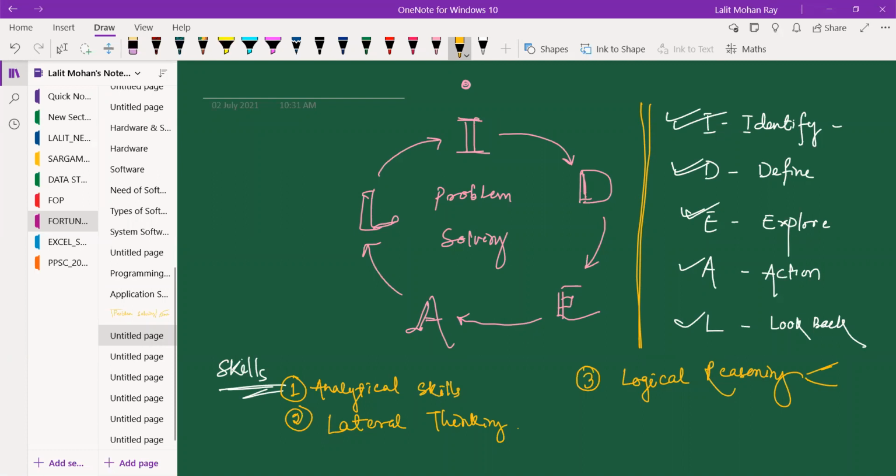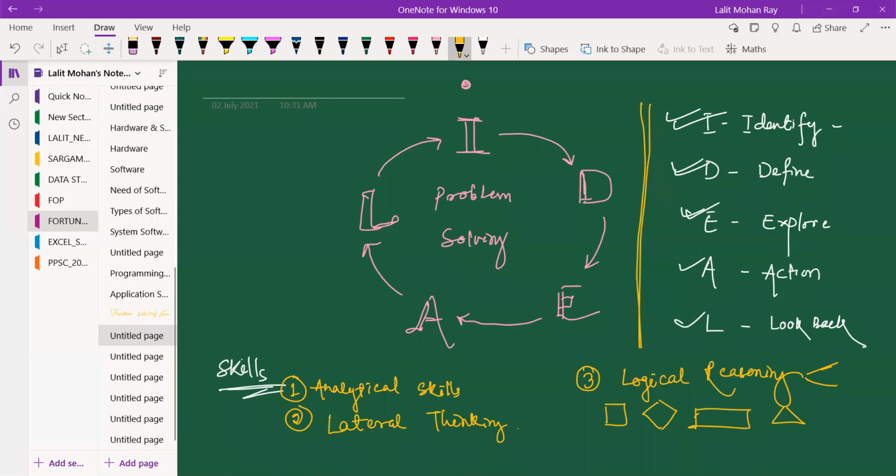Logical reasoning is a form of thinking in which some relations between the premises are there, and different forms of logical reasoning exist. For example, suppose I show these figures and ask you to find the odd one.